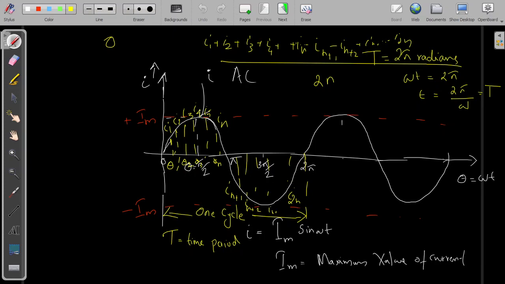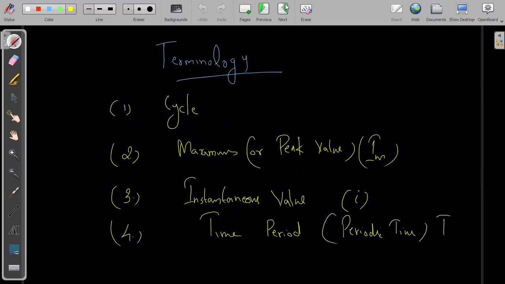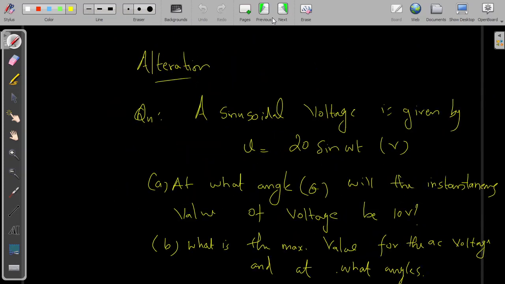So in all cases, we will have a general formula for average value.